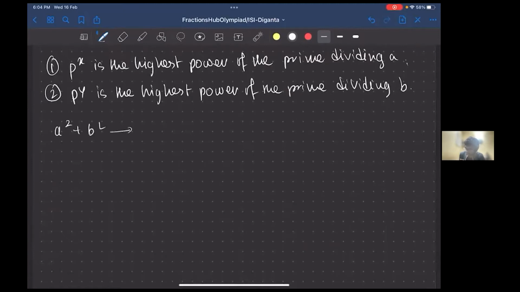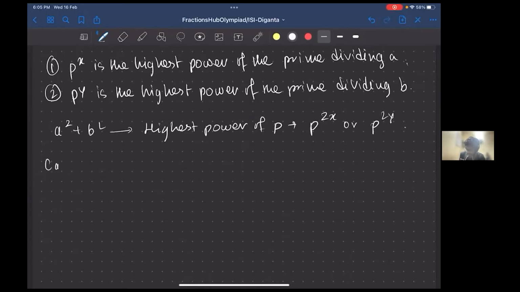So the highest power of p here is p power 2x, right? Or p power 2y, depending on which is more, x or y.